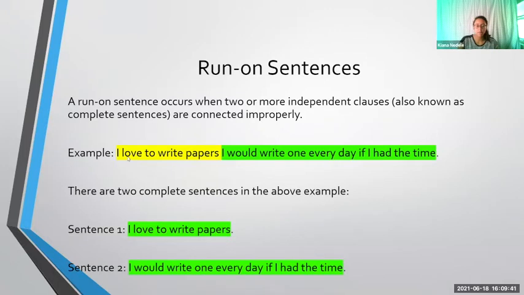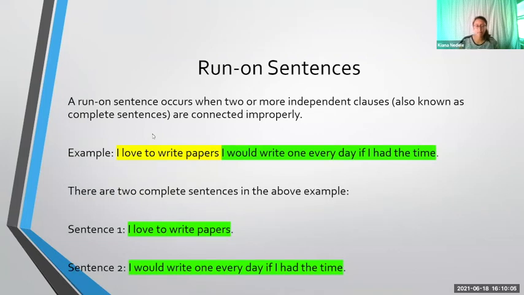I is the subject, love is the verb. When we connect two or more of these phrases without the proper grammar, it is hard for the reader to understand what is happening. It makes the reading feel disjointed and uncomfortable.